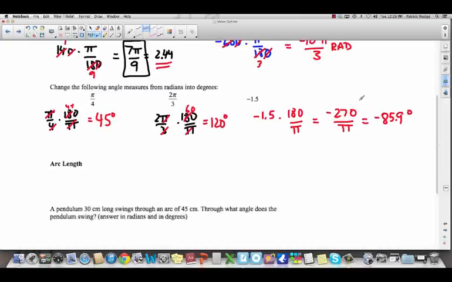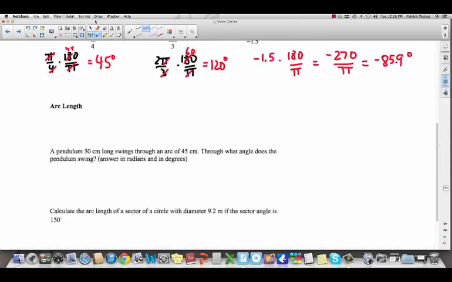degrees. Okay, arc length. Arc length is the distance of an arc, right? We already talked about this a little bit. If I draw a circle, an arc is part way around the circle. So arc length is asking, how long is that arc all the way around there? So when we figured this out with radians, we said that the angle in radians was equal to the arc length, which is symbolized with an S, believe it or not.